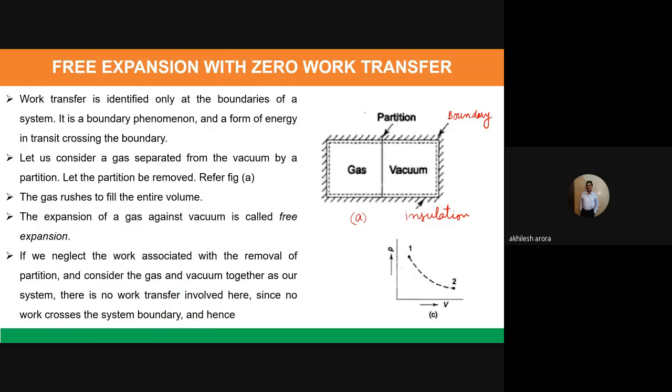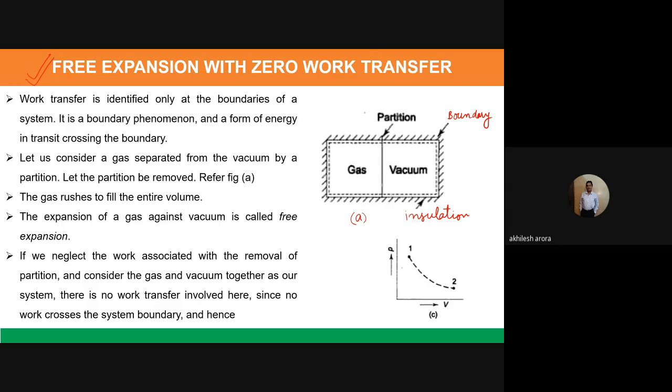Now we are going to discuss free expansion with zero work transfer. We have already discussed a little bit about this particular process when I was discussing the derivation of the PdV work. I told you the PdV work is only valid when there is a resistance at the boundary.